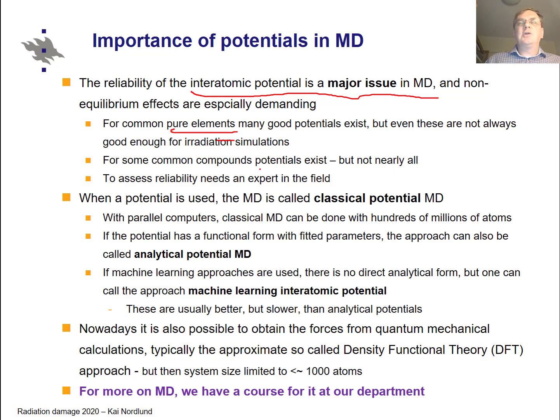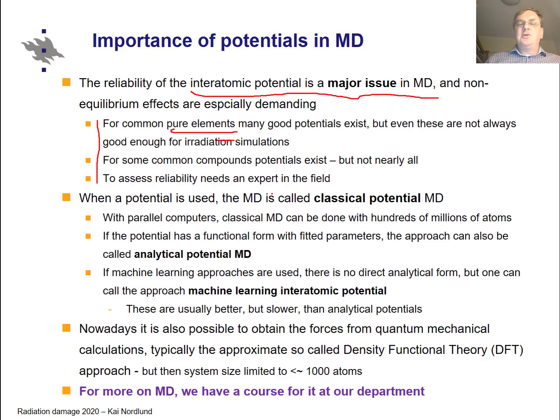Say gallium arsenide, gallium nitride has several potentials which have been found to work pretty well. But what is reliable is not so easy to tell, and one really needs to be an expert in the field to be able to assess this easily, or then do a lot of testing yourself if you don't have experts available.